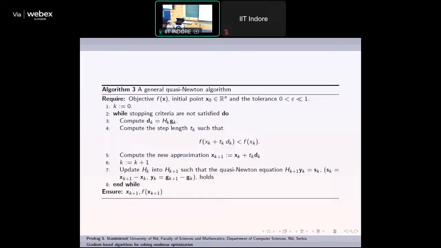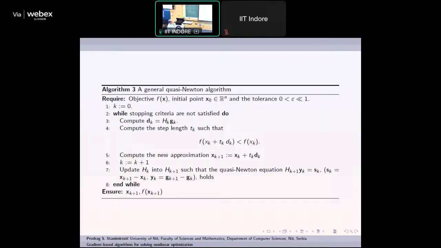Inside, compute the search direction as the approximation of the inverse of the Hessian times the gradient. Compute the step size using an inexact line search, for example backtracking or another.